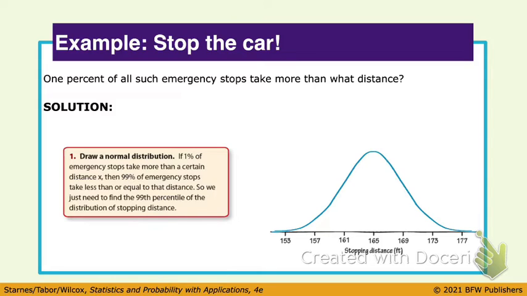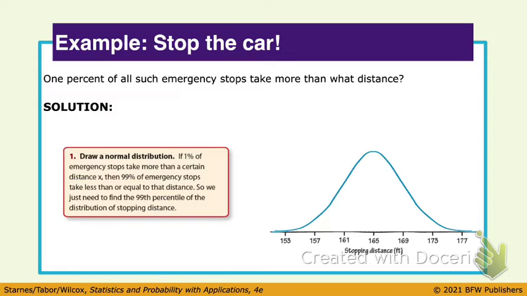All right, now let's think about what this question is asking us. It says 1% of these emergency stops take more than what distance? Really, it's asking what value cuts off the top 1%, but we need it in percentile.